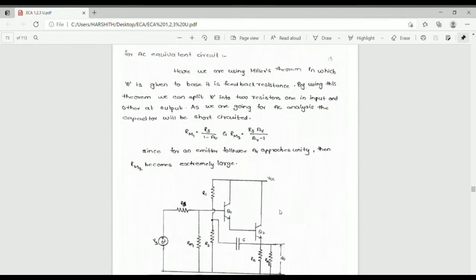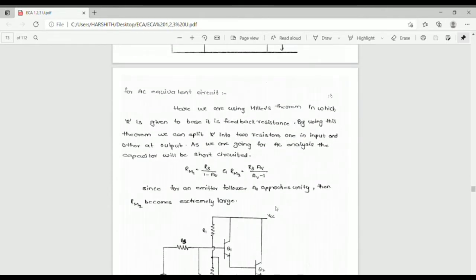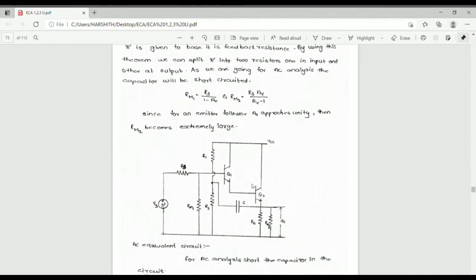For the AC equivalent circuit, here we are using Miller's theorem. In the last classes we discussed Miller's theorem, in which R is connected to the base. It is the feedback resistance.